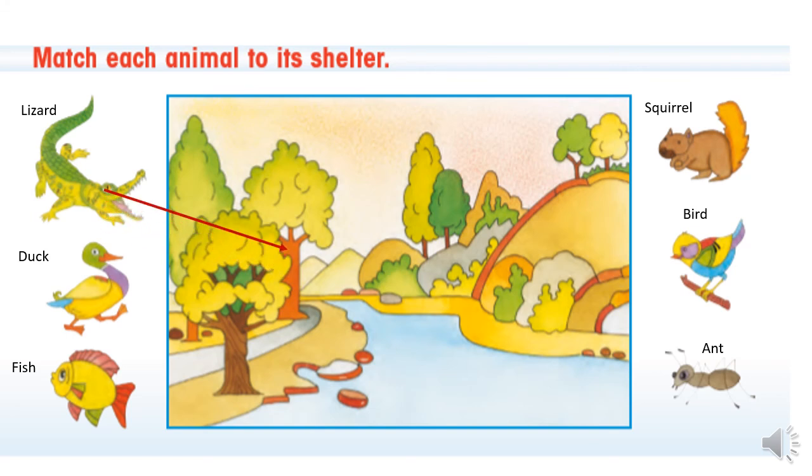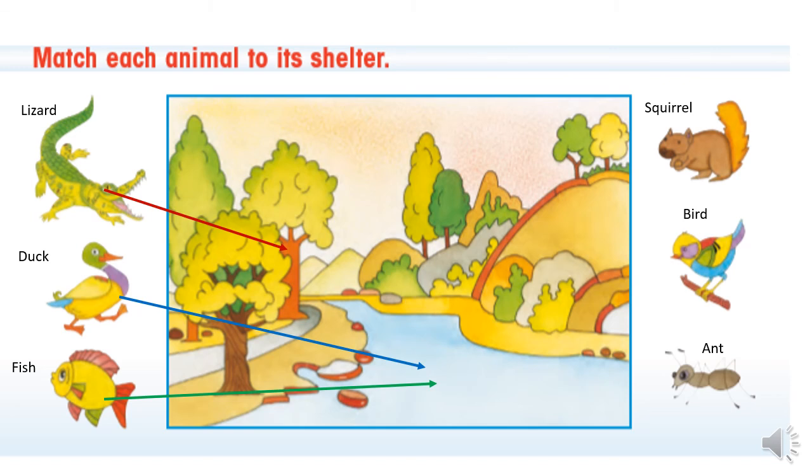So the lizard can live on the tree. Now the duck can swim in the water, so it can live in the water. Fish, as we have said, the fish cannot live outside the water. The fish can live in the water.